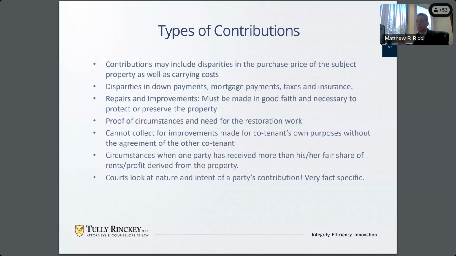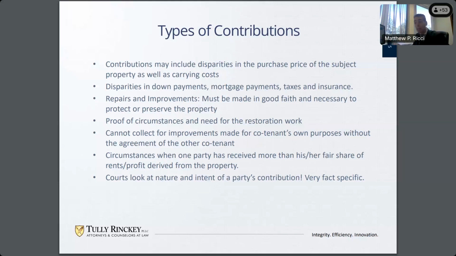All of these types of things are potentially recoverable by parties. In order to do so, though, they must be able to submit proof or evidence surrounding the circumstances of the repair and improvement and establish the need for the restoration work.